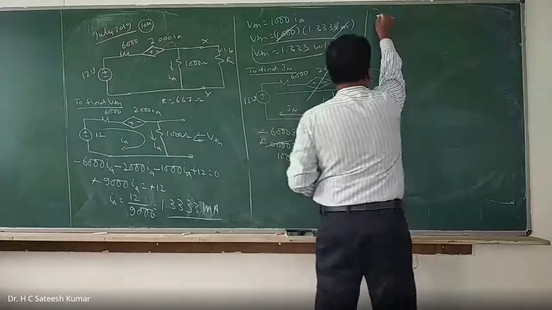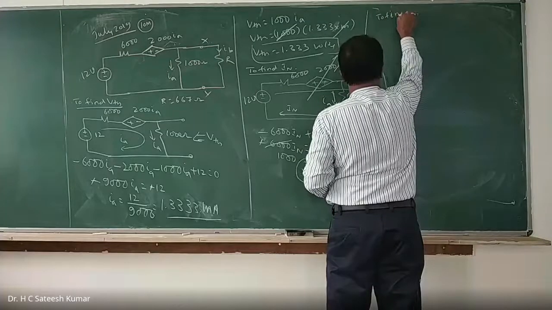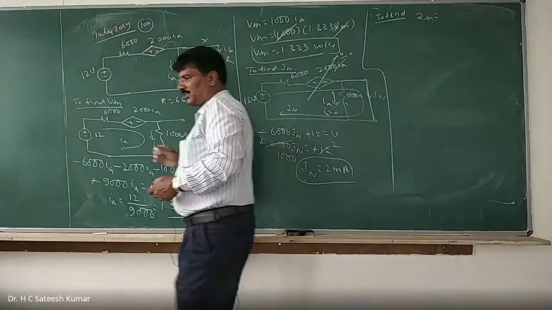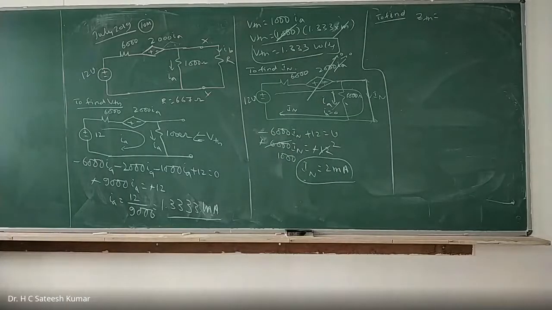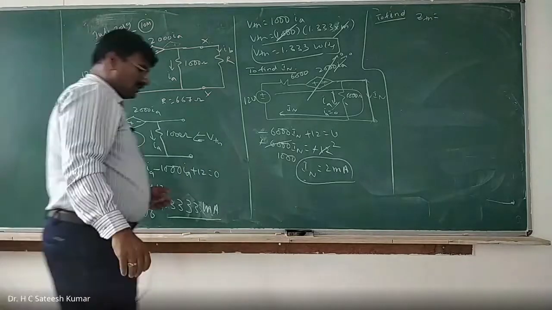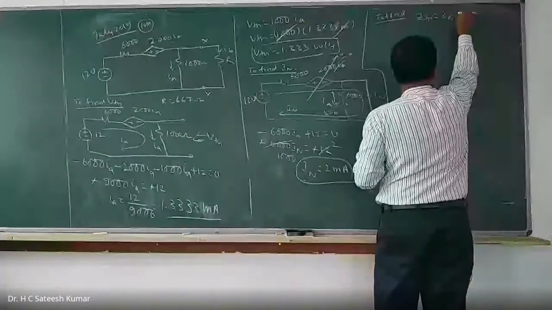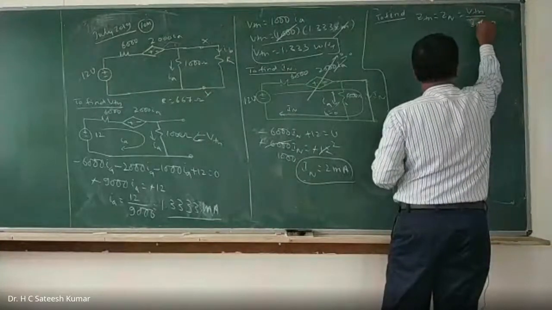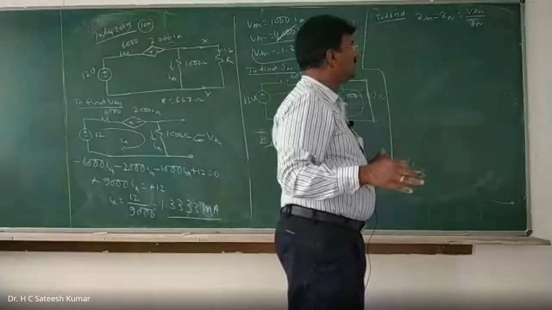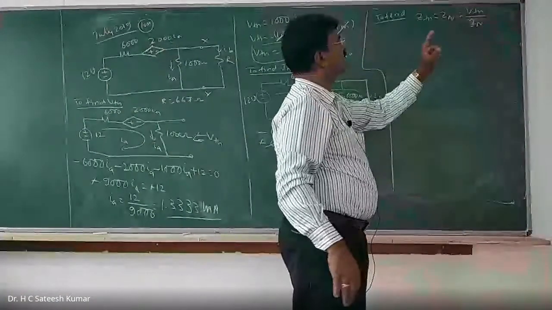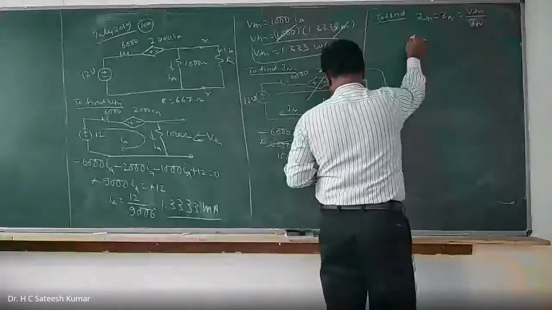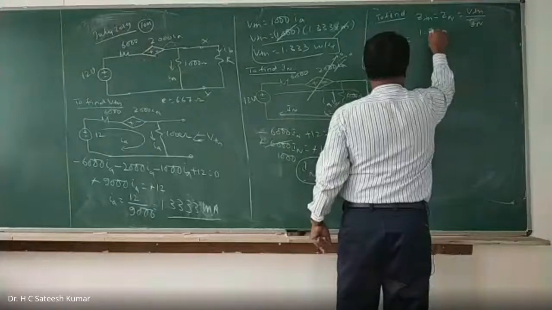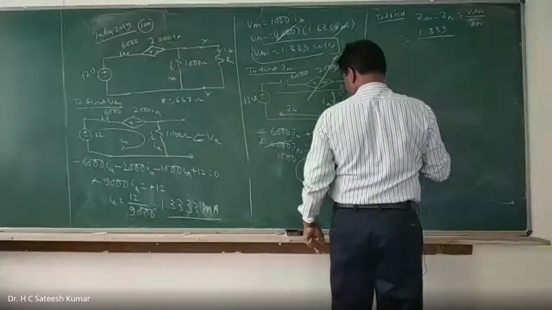Next, IN we got it. To find ZTH, what is asked, Norton's or Thevenin's? Norton's equivalent is asked. Okay, they are both the same. ZTH is nothing but ZN only, which is equal to VTH divided by I Norton. Whether it is Norton's theorem or Thevenin's theorem, whenever there is a dependent source, ZTH is equal to ZN is equal to VTH divided by I Norton. VTH is 1.333 divided by 2 milli.